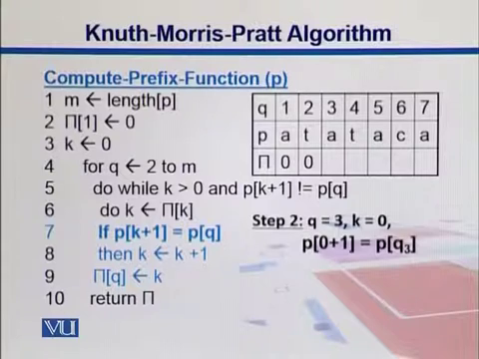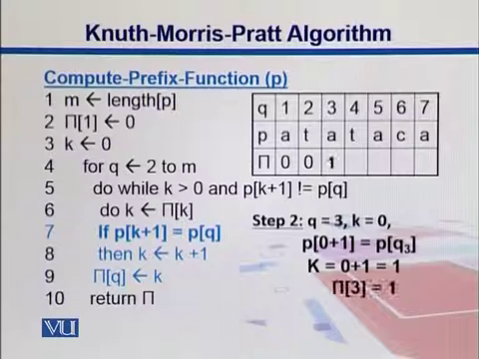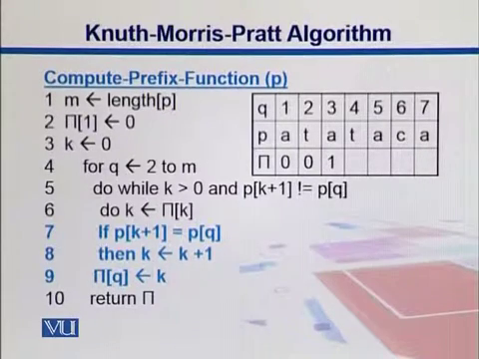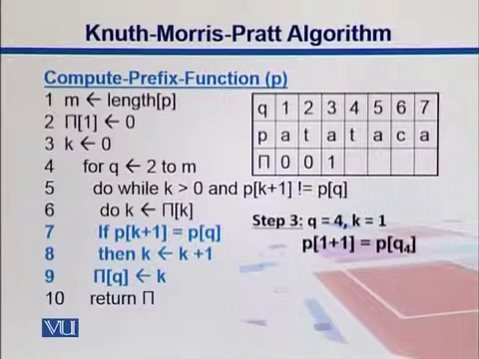On the third position in the pattern, which is A, it matches with the first position, which is A. So we increment k, k becomes 0 plus 1, and in pi of q we put this value of k, which is 1, and we put that 1 in our table.